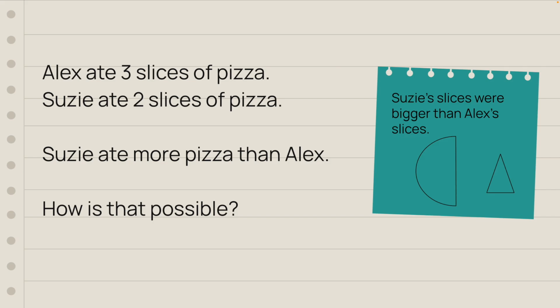So that tells us that the size of the piece is important. If the pieces are not the same size, it is hard to compare the actual amount of pizza that they each ate. So I want you to keep that in mind as we go through the lesson today.